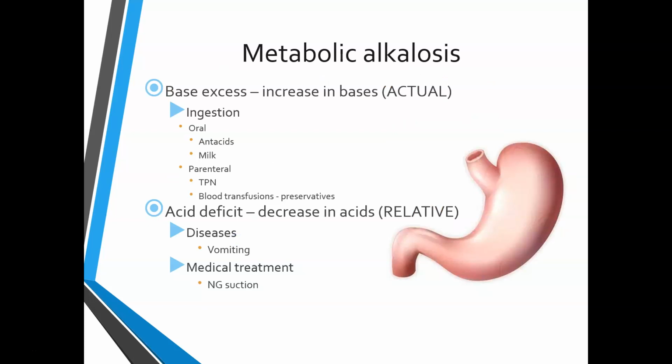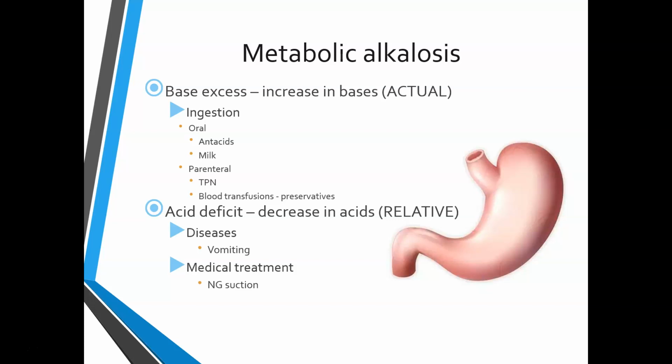On the flip side, with metabolic alkalosis, this is when there is a base excess, and it's actual if there's an increase in bases. This could be due to ingestion of oral, which is through excessive use of antacids, milk. It could be parenteral through the use of TPN, and even through blood transfusions because of the preservatives.